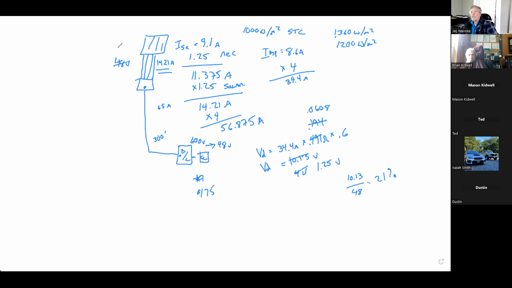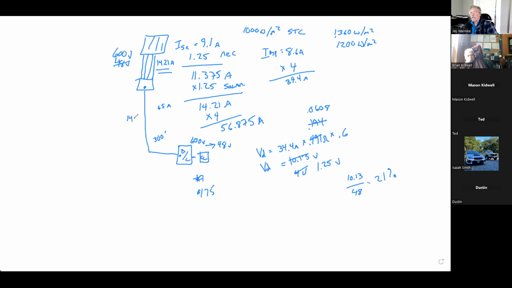So if I'm up here at 600 volts, then my amperage goes way down. Because how many strings do I need? Well, in this case, I probably only need 1 string. The 1 string is going to be only about 14 amps with all the adjustments, 14.21 amps.